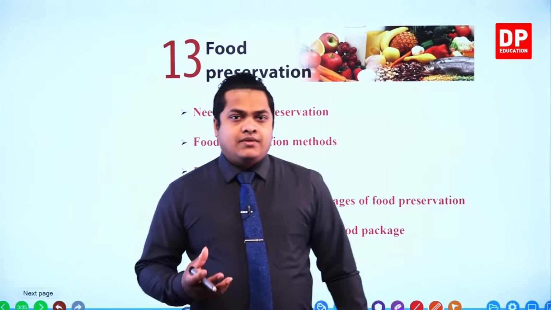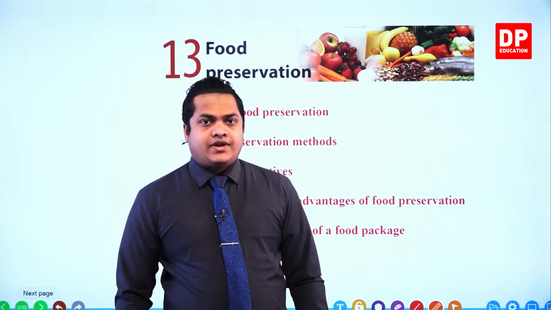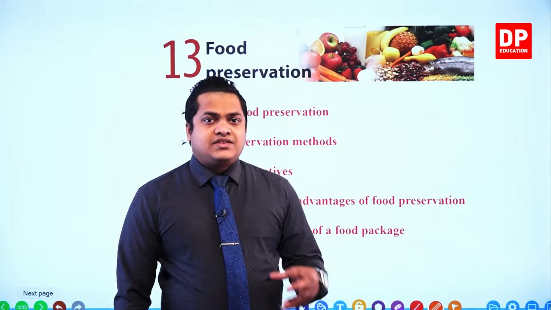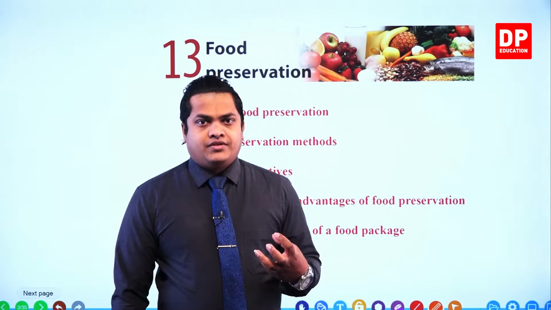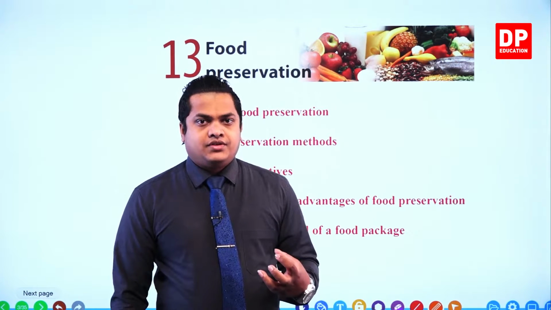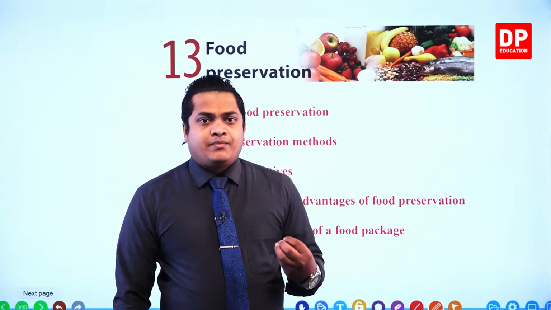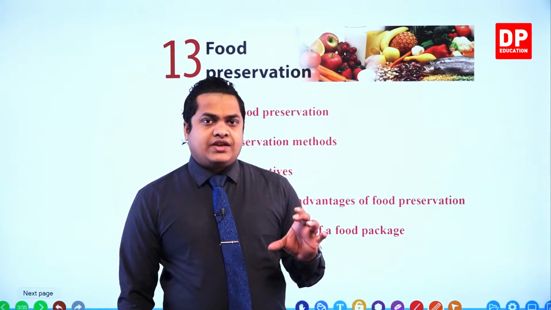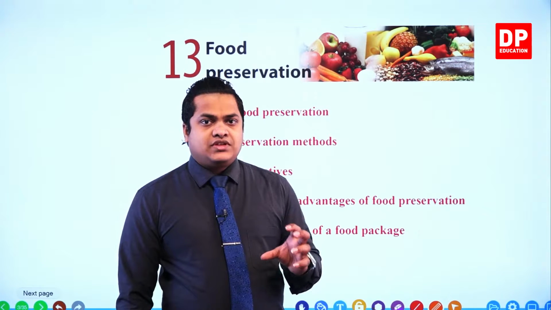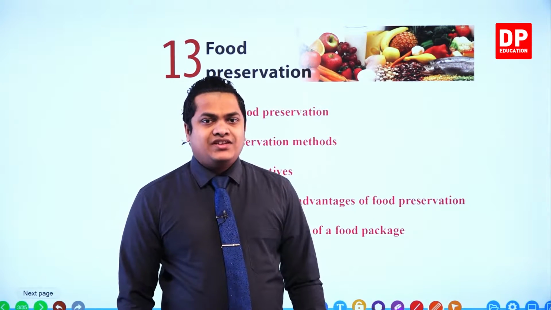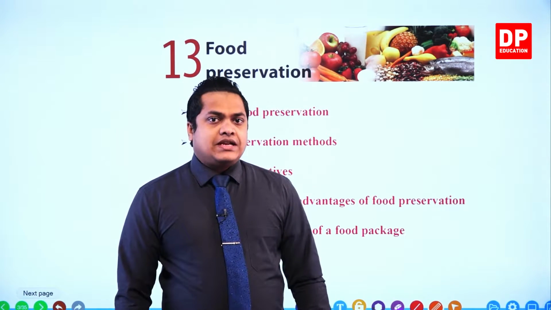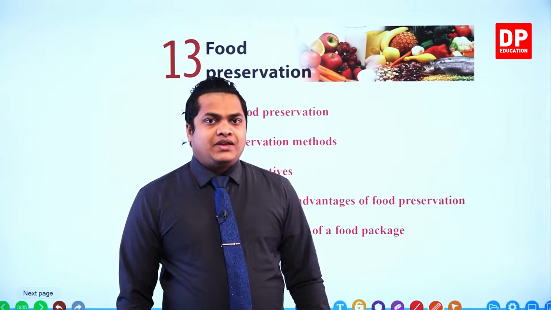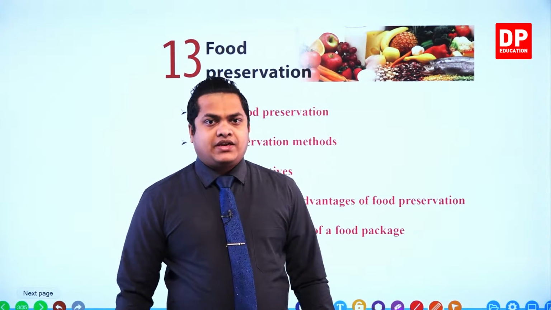If you take a packeted food, right, or else tinned food, canned food like salmon, right, or else peas, right? If you take those kinds of things, you know that those things are canned or tinned. So there are certain things that should be included within the package.